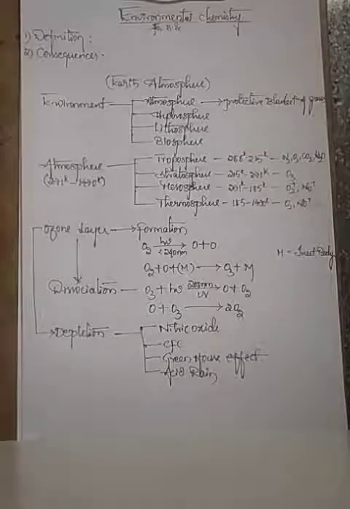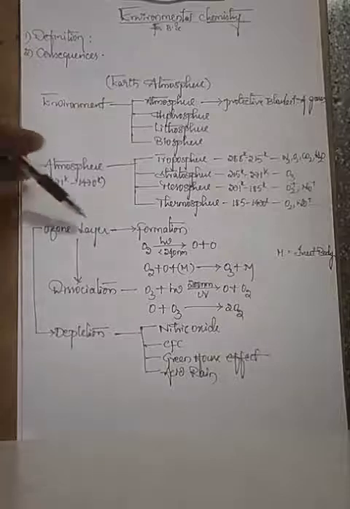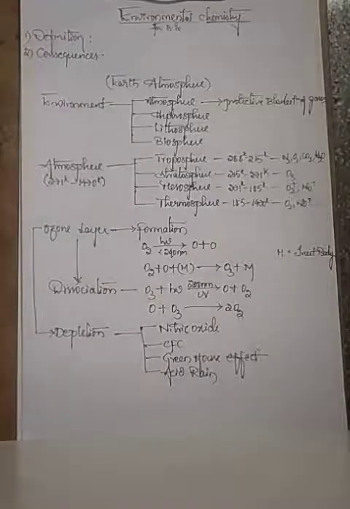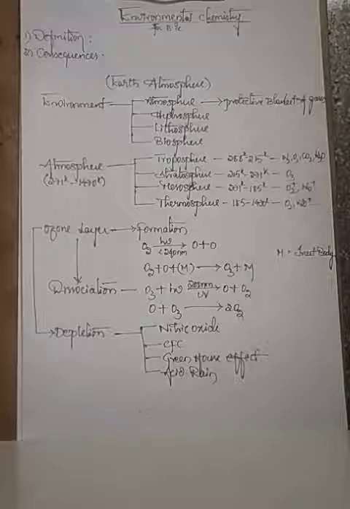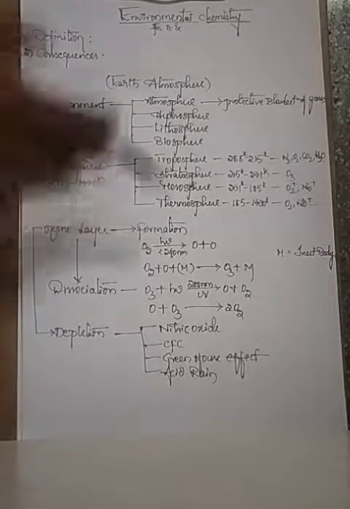And then the next one, the ozone layer. What is ozone? It is an allotropic form of oxygen, and also a highly reactive, toxic or poisonous gas. How is the ozone layer formed?